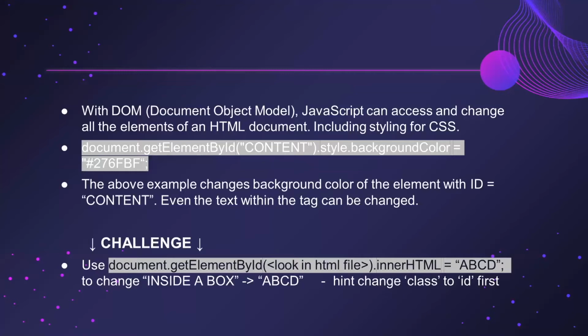So how does that happen? We'll use the DOM method for that. When you are writing document.getElementById, it goes to the location where the ID content is present, and then in the CSS, not in the HTML. You can see that in the CSS file there is a selector, hashtag content, right?